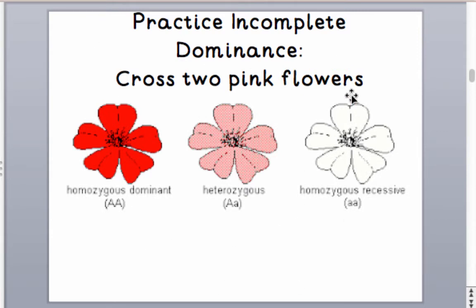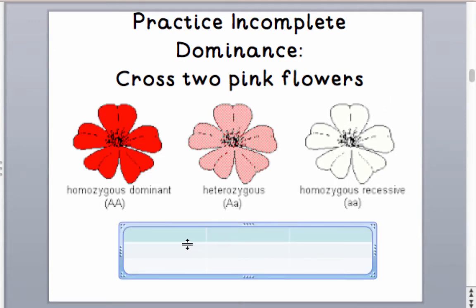And here we can practice again by crossing 2 pink flowers. So go ahead and in your notebook, cross 2 pink flowers, 2 heterozygous pink flowers. To cross 2 heterozygous pink flowers, we can put one parent here. Let's make this a little bit darker again. And the other parent right here.